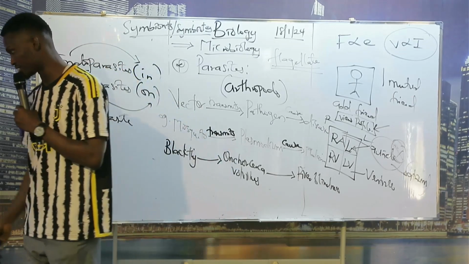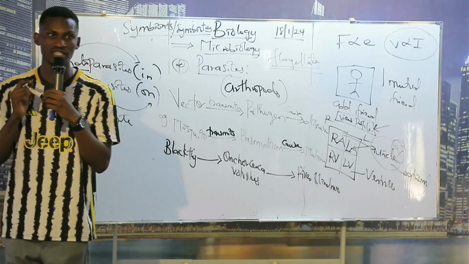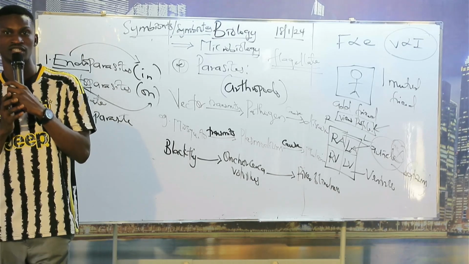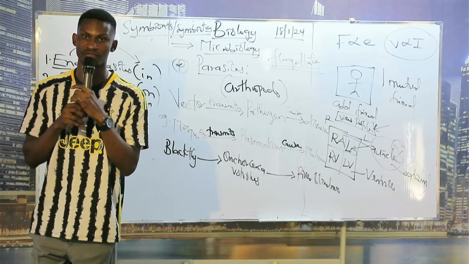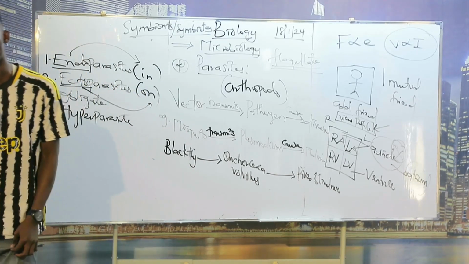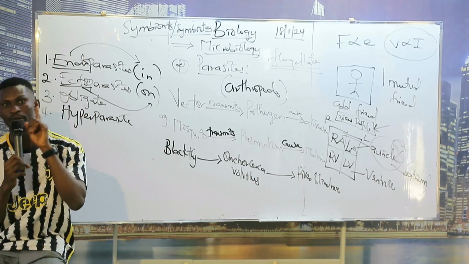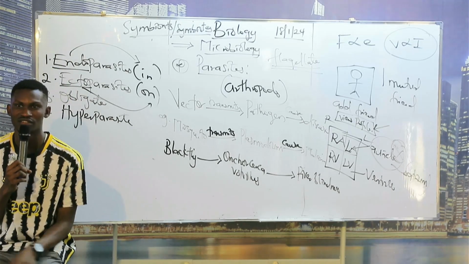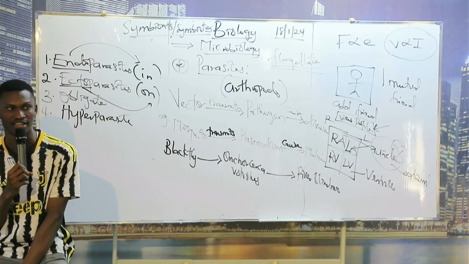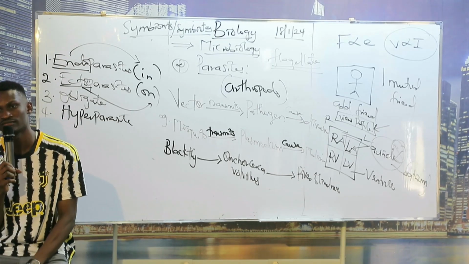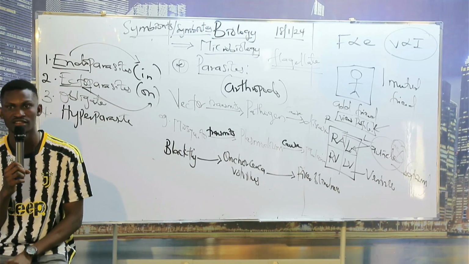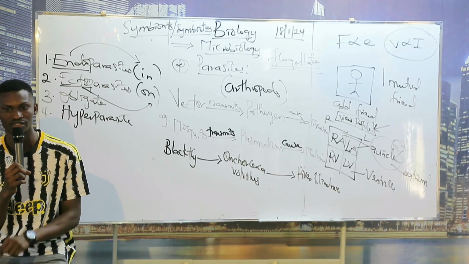Did I? Yes. And I told us that there are only how many phyla? 5 phyla where you can find parasites. One of them that has only 1 parasite is which one? Which phylum has only 1 parasite? Others free living. Is it Annelida? Yes. Which parasite do we have there?